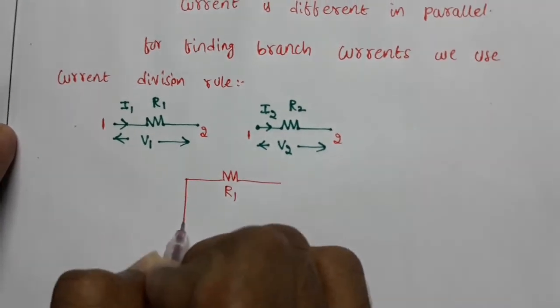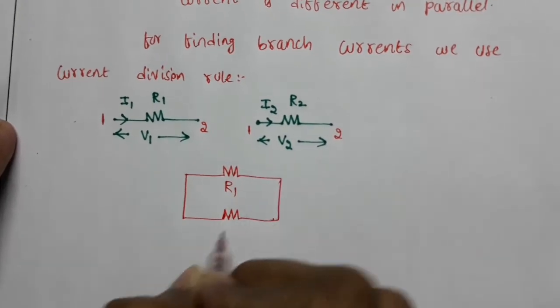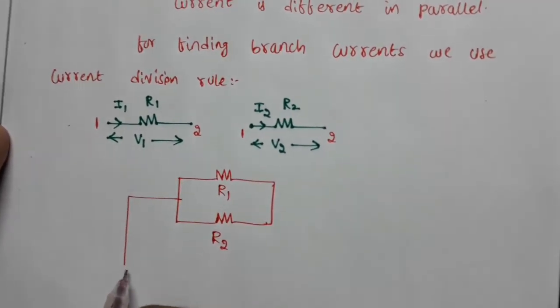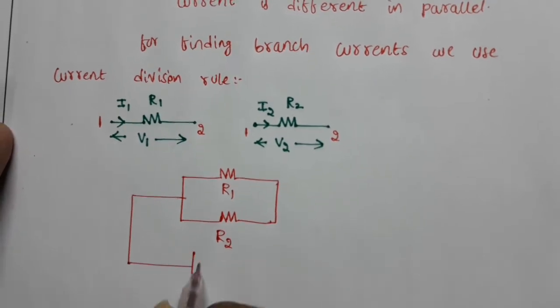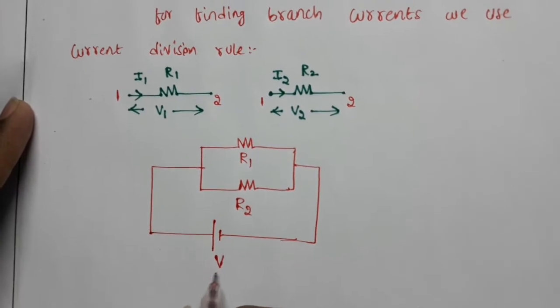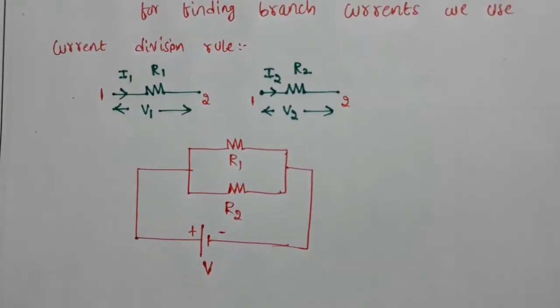So, this is R2. I am applying voltage source, that is V volts. This is positive terminal and this is negative terminal.